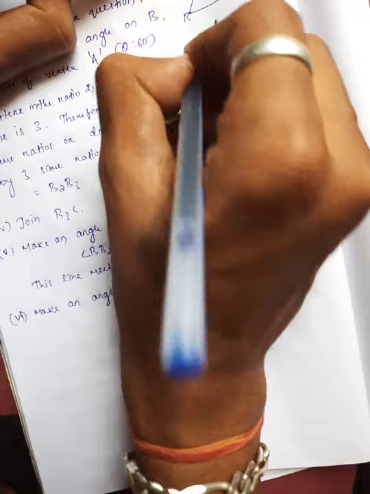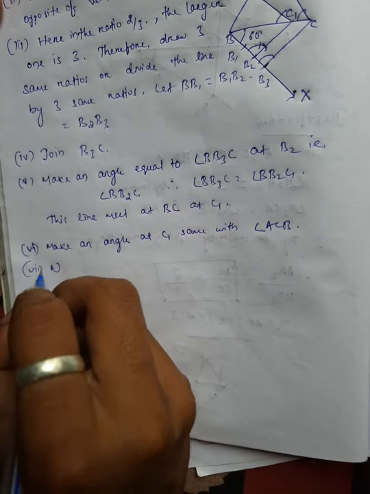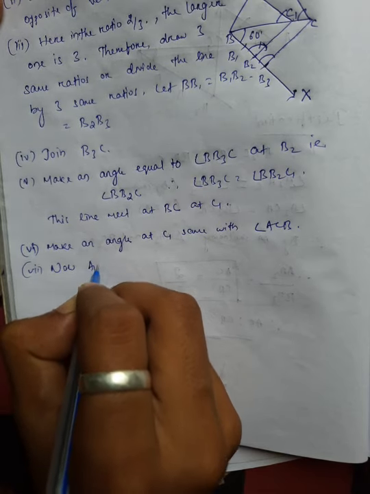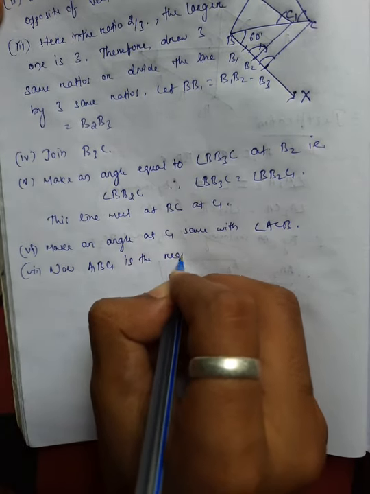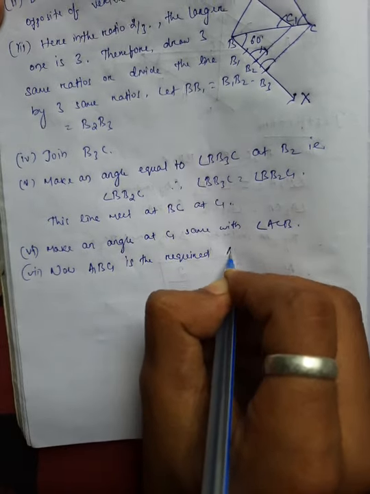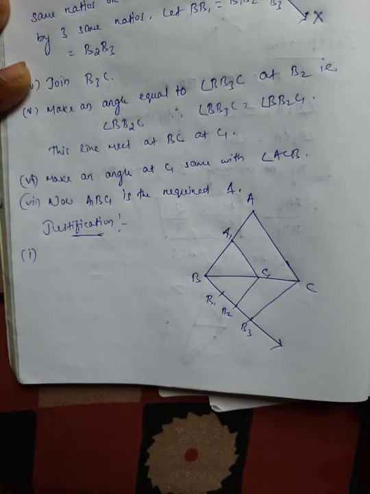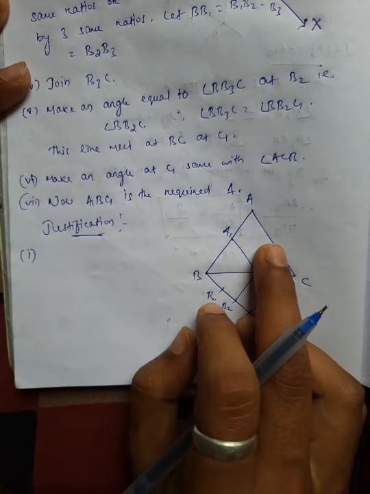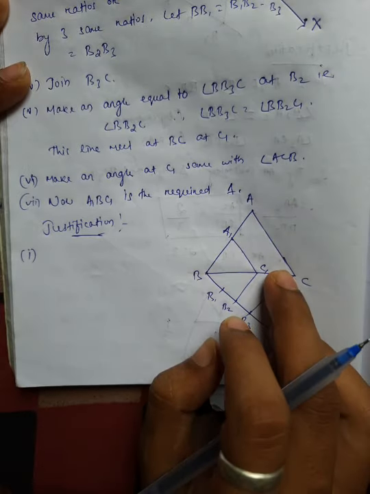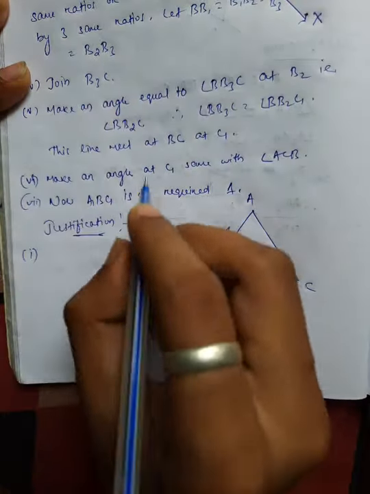Okay, this one is A1. Okay, seventh step, last step. Now A1BC1 is the required triangle. Now we have to prove how this triangle is similar to triangle ABC by the ratio 2 by 3 as per the question.